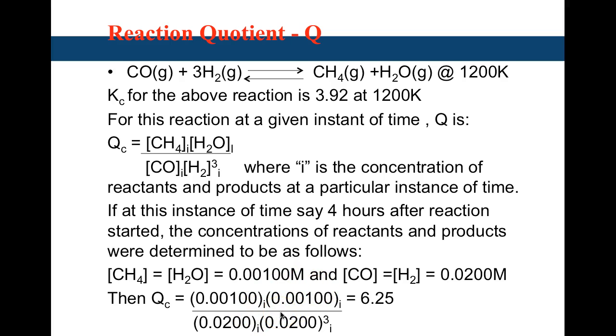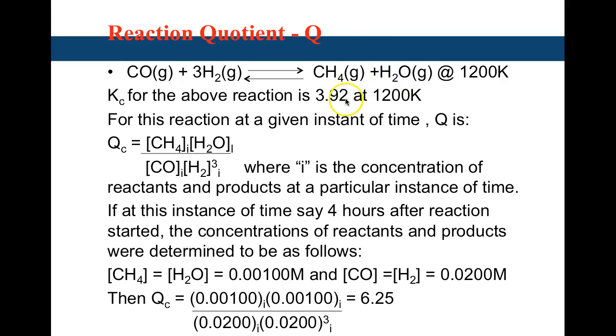So the CH4 and the H2O concentrations were both 0.001 each. The CO and the H2 concentrations were 0.02. So plug it into the expression and you found that the Qc value is 6.25. That means it's greater than the Kc. So that means that you've gone beyond Kc.